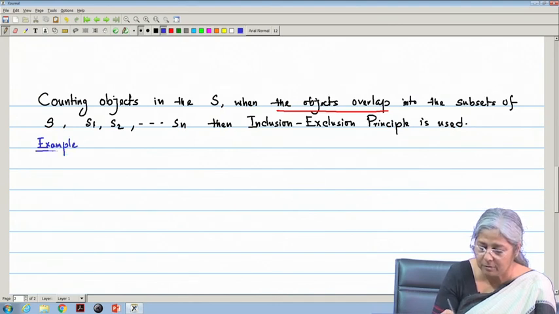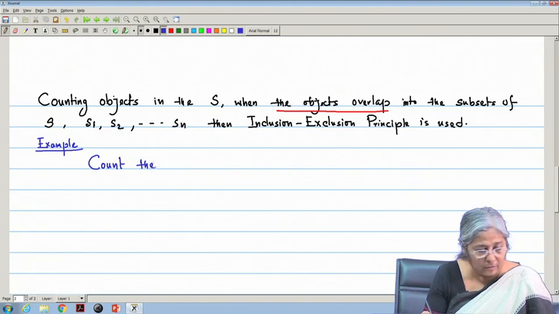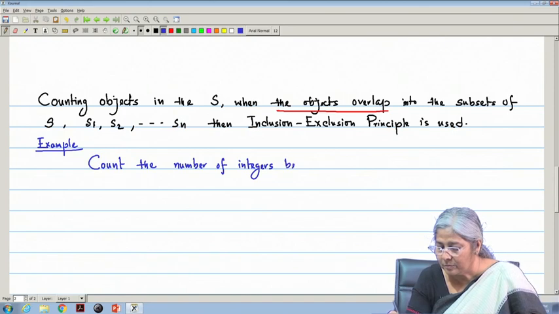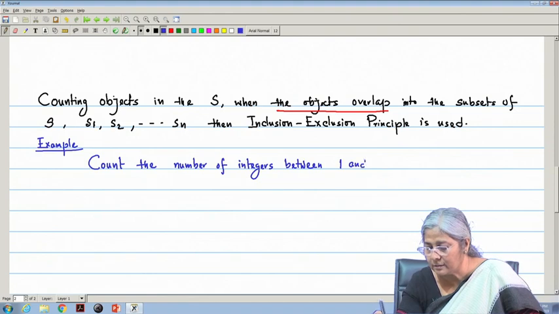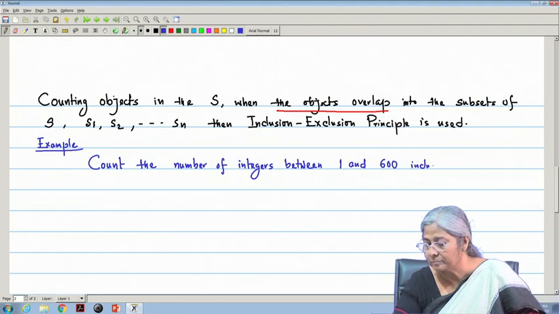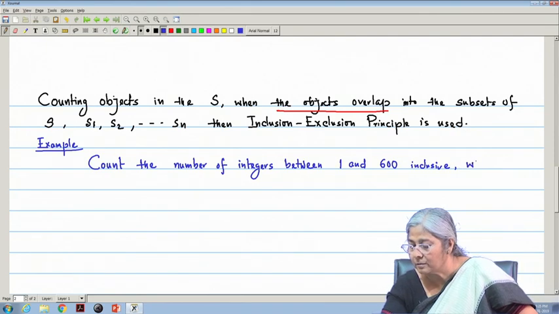The example is to count the number of integers between 1 and 600 inclusive, 600 is inclusive, which are not divisible by 6.